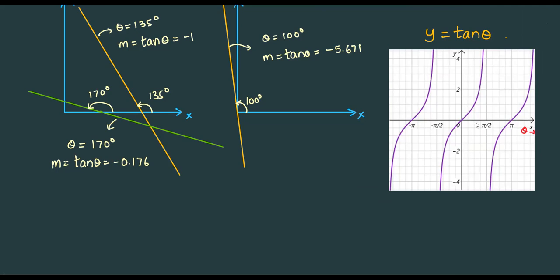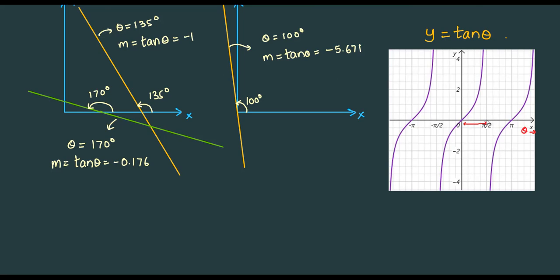Theta is on the x-axis. When theta lies between 0 and pi by 2, tan values are positive. Tan 45 will be 1. Pi by 2 is 90, right? And tan close to 90 goes to infinity. At pi by 2, the graph itself is not defined.